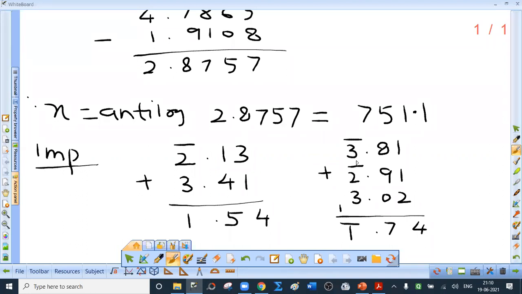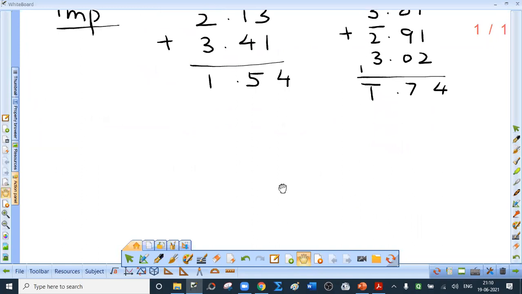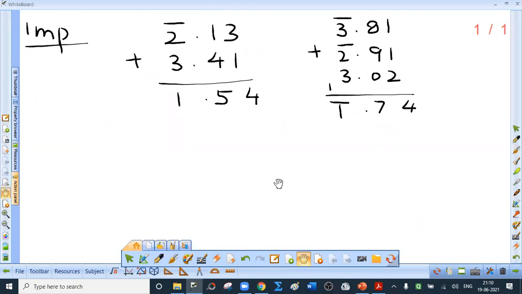Minus 5 plus 4 is minus 1. But we cannot write minus 1, because if I say minus 1.74, by that I mean 0.74 is also negative. It is not. So bar 1.74. Okay. Next. Now this is a bit difficult, but after explanation, you will understand it, I'm sure.